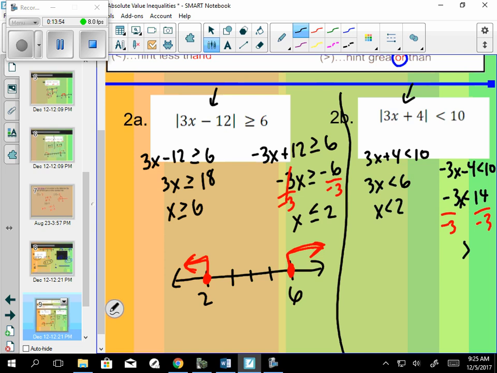So this one's now going to be this way. Here we just got x. 14 divided by -3, I think we get like -4.666 repeating. Okay, so now graphing this one. Label your graph here.